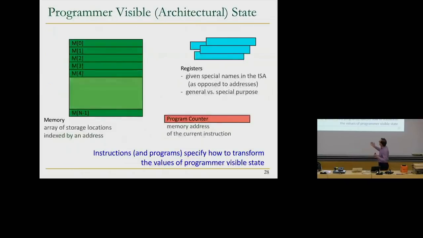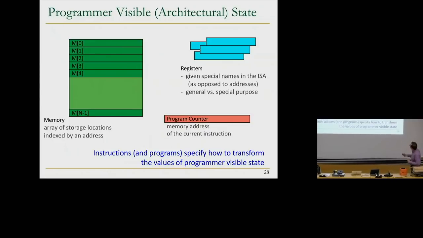So okay, basically I've defined what's called the programmer-visible architectural state. Whenever you program a machine, you know that there's some memory in it. The memory is an array of storage locations, indexed by an address. You know that it's word addressable or byte addressable. You know the address space. We've already discussed this. You know that there are some registers. These are given special names in the ISA.